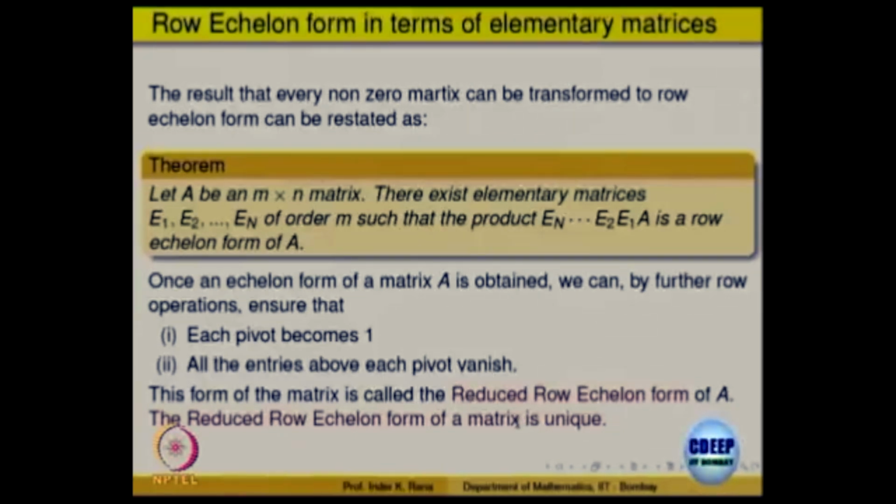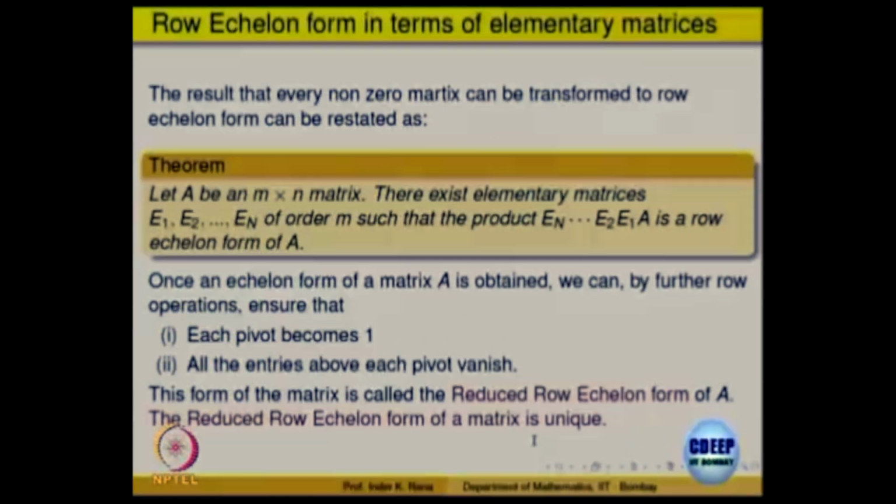For example, if a matrix is in row echelon form and you multiply a row with something, it still remains in row echelon form. If you multiply any row by a non-zero scalar, the numbers will change, but the positions and the ordering of the pivots will not change, right. But the reduced row echelon form of a matrix is always unique.